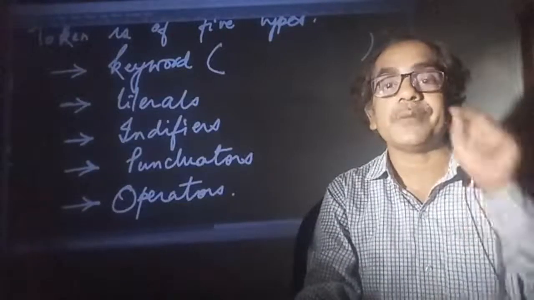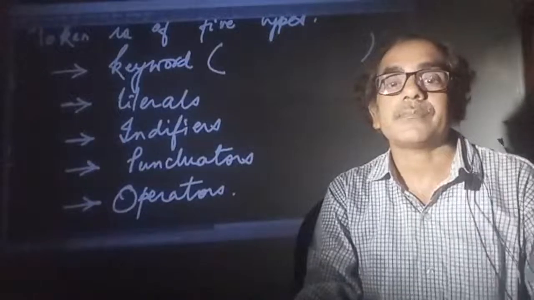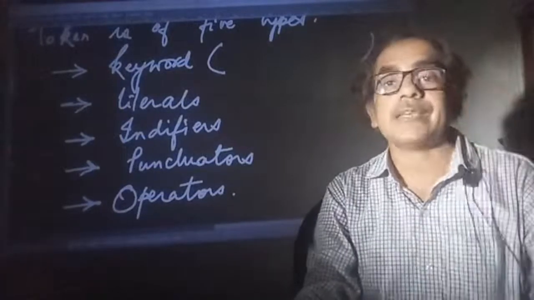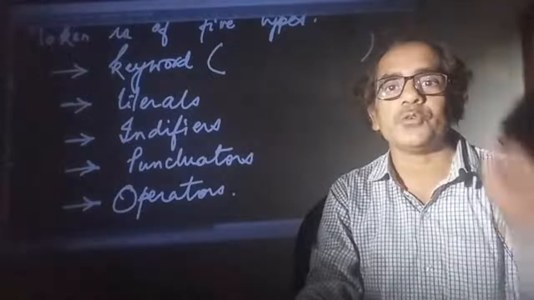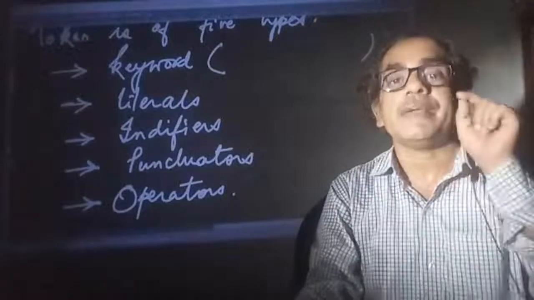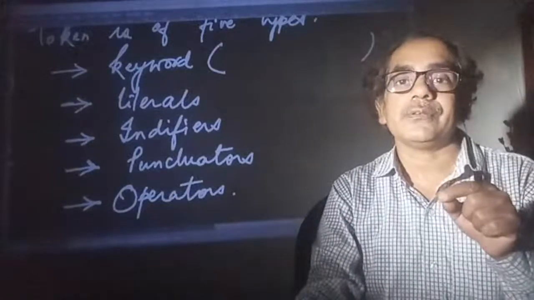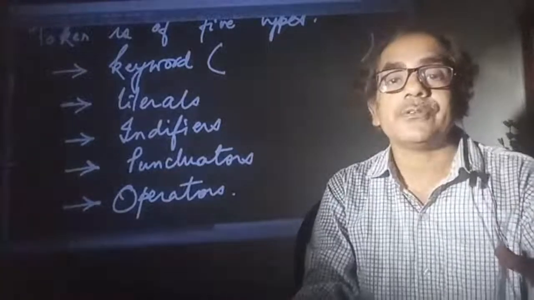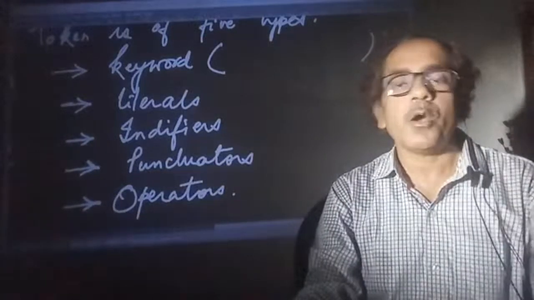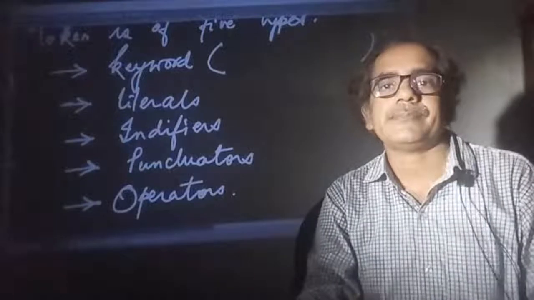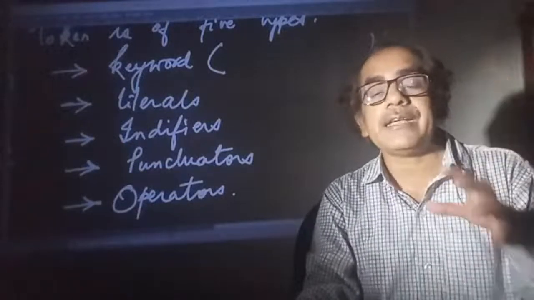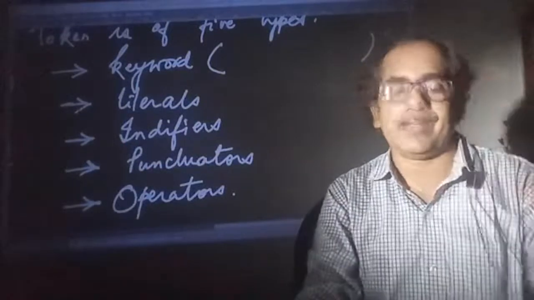Out is a keyword. Println is a keyword. Class I used. Class is a keyword. Static word I used. Void word I used. Main word I used. The string I used. Last day I wrote. All those are keywords because they carry certain meaning in Java language.